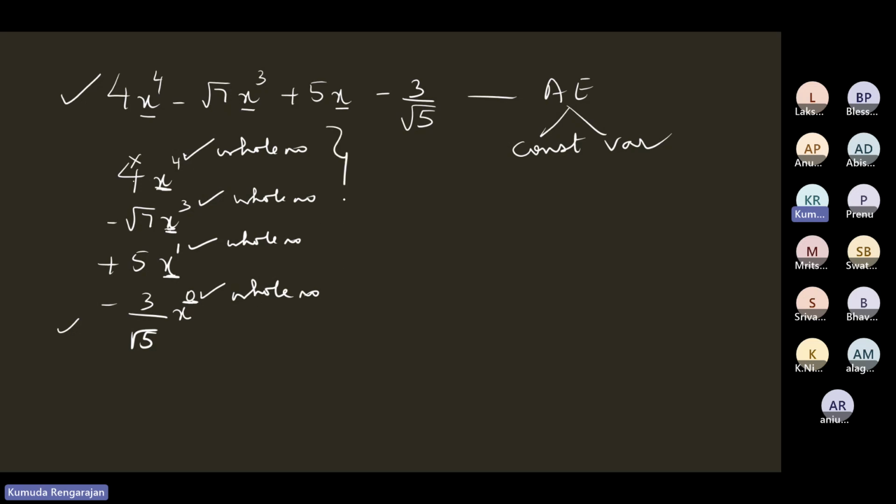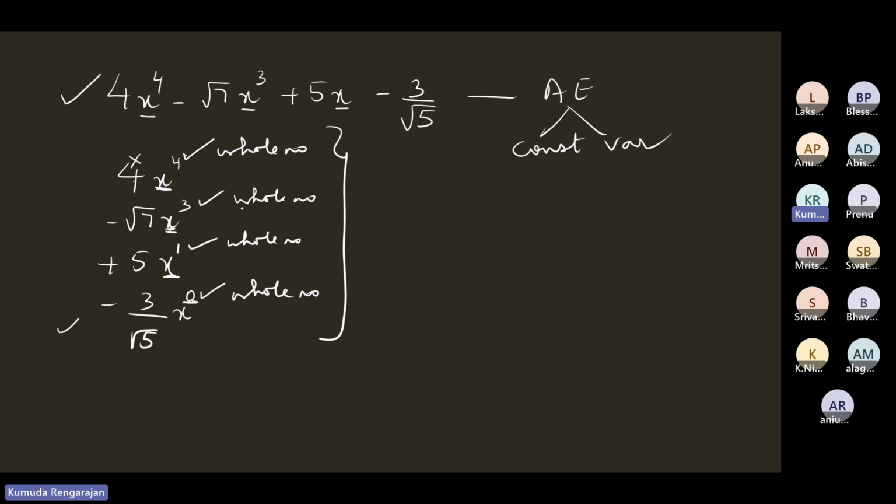So in every term of the algebraic expression, you must check the powers of x. This algebraic expression has 4 terms. Every term we checked, we looked at x and its power. Everywhere the power of x should be a whole number. Even in one place, if it is not a whole number, it is not a polynomial.